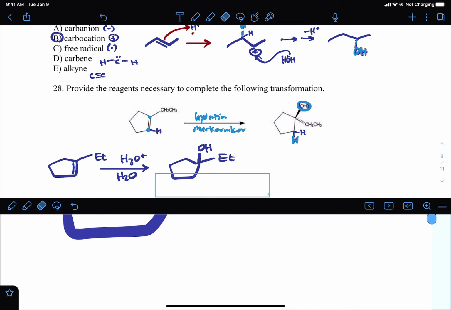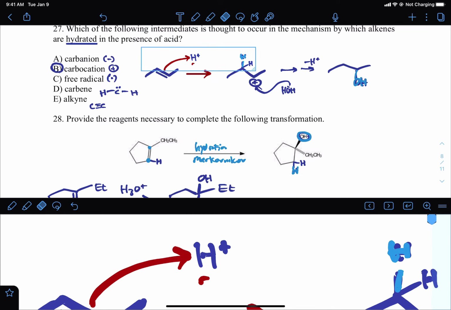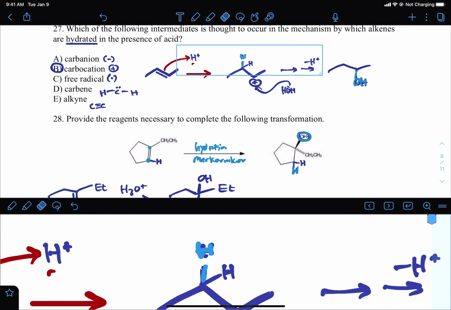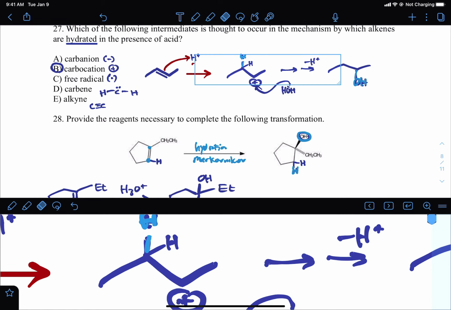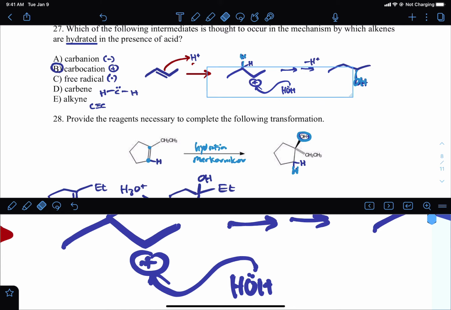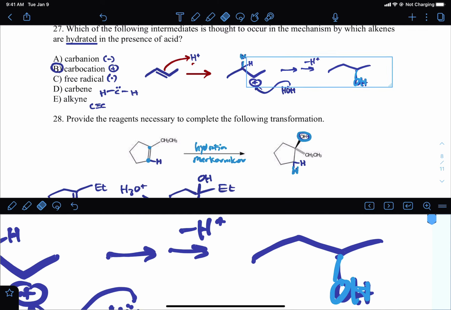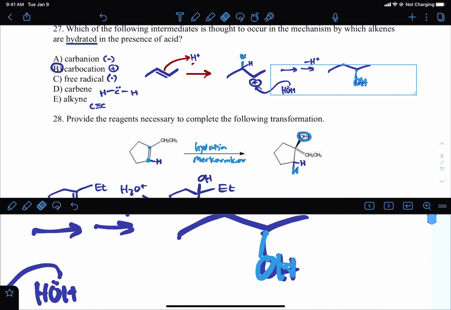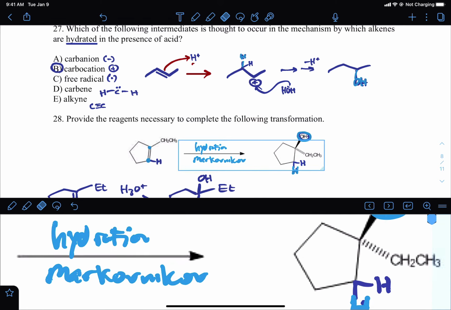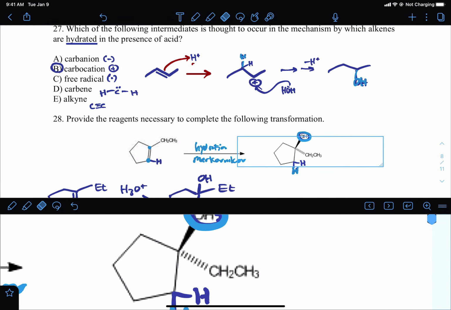That's one way to do it. And it's basically this mechanism. The H protonates the alkene. The H goes onto the carbon with the most H's. That leaves us with a carbocation on the other carbon. And then water attacks that carbocation. We end up losing the H from the water and we end up with the alcohol. Markovnikov hydration.